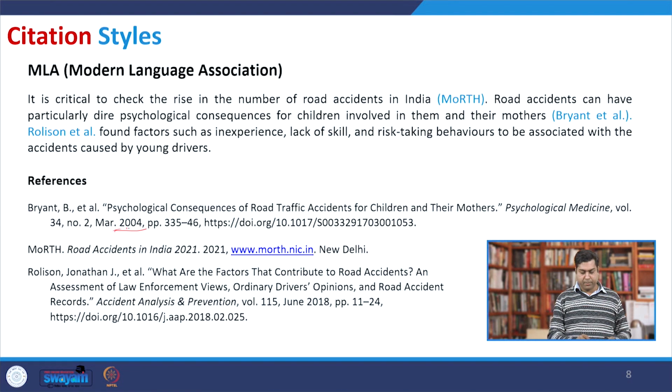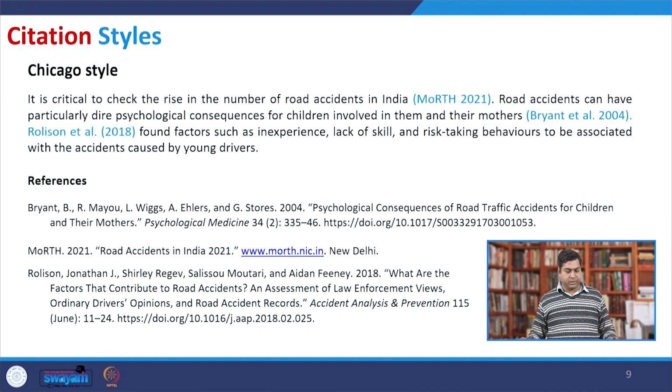Here it is after the complete information of the journal, the volume, written in short abbreviation as vol. 34 no. 2, earlier it was written as 34 2, and then the citation is like this, right. So, here in this case we are not having the full citation, or all the authors are not known. Okay. This is for the Modern Language Association.